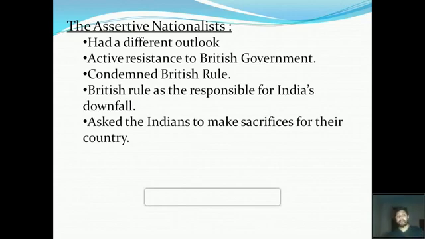So people came to know the real face: the British were living in India just for money, for their economic benefit. So the assertive nationalist leaders disclosed these ideas to the people, the real nature of the British, and through that they condemned the British rule.